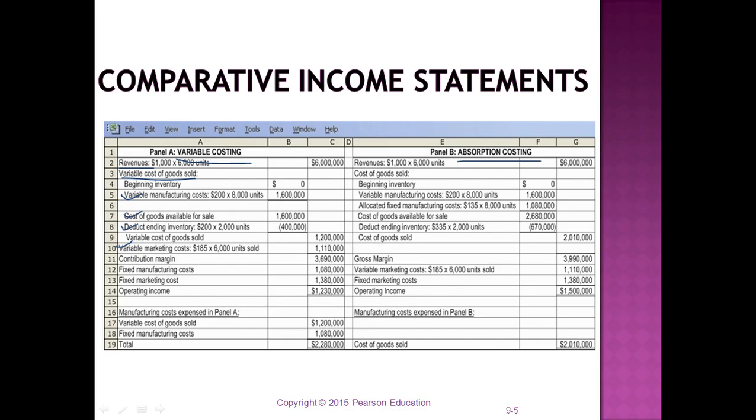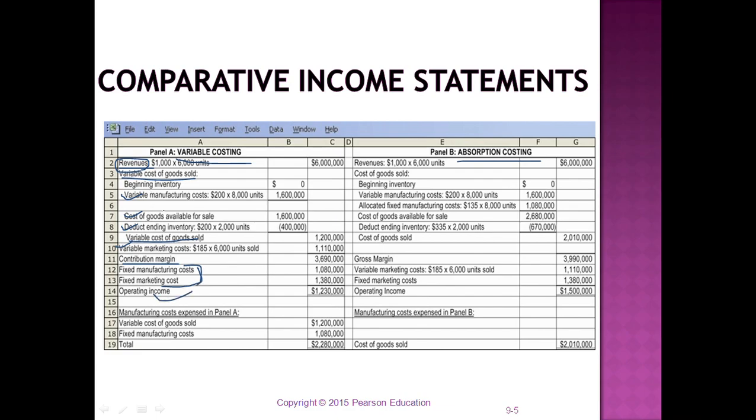So revenue minus variable cost of goods sold would give you contribution margin, and then you would deduct all the fixed cost, whether it is manufacturing fixed cost or non-manufacturing fixed cost, to get the operating income.